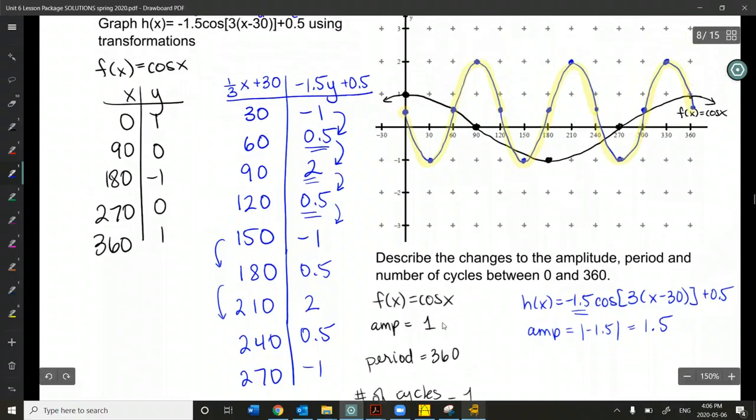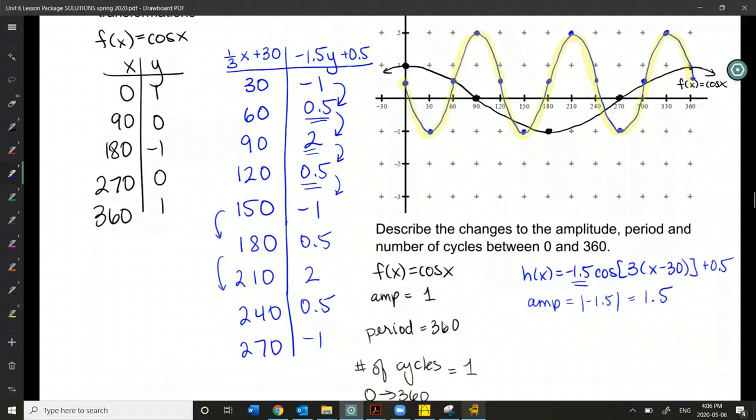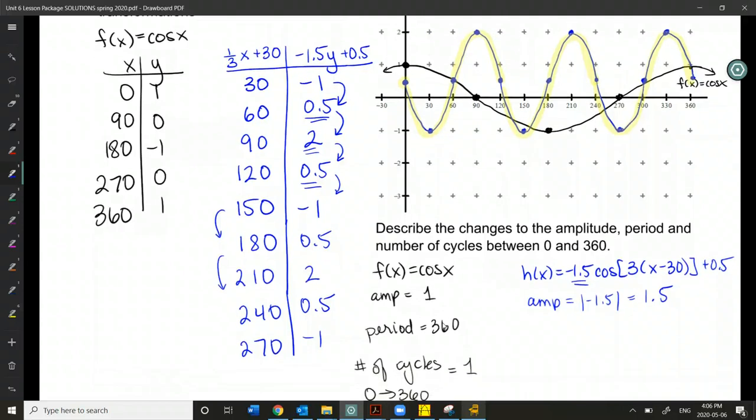If I look at the total number of units from minimum to max, negative 1 to 2, and I halve that, that should also give me my amplitude visually on the graph. So from negative 1 to positive 2, that's 3 units. And if I halve it, I get 1.5. Also, we can see here that one full cycle takes, I'm just going to highlight it for you here, from 0 to 120.